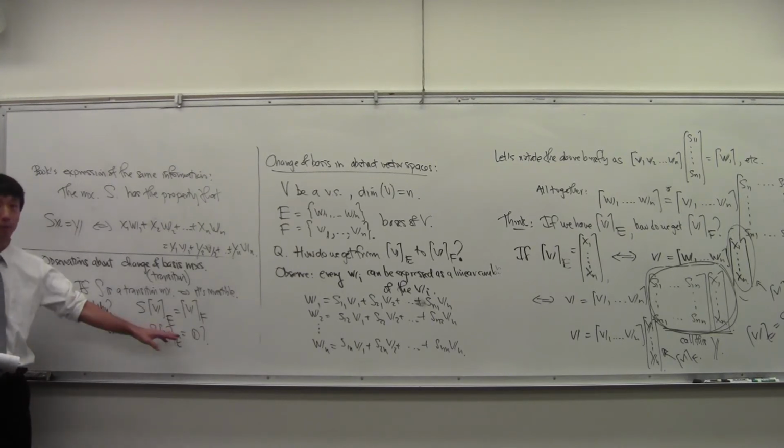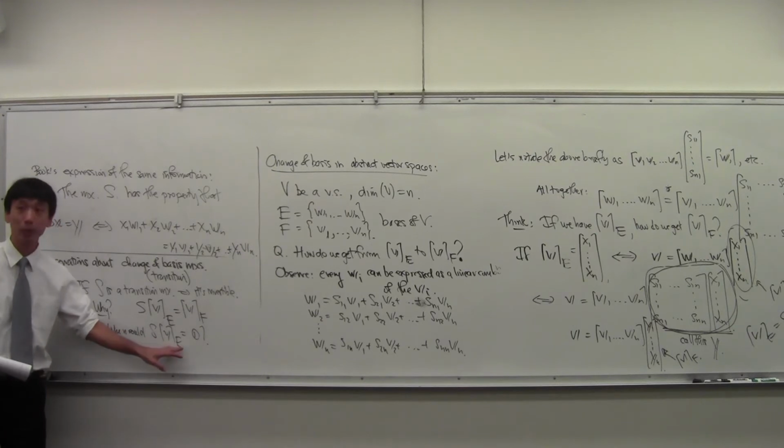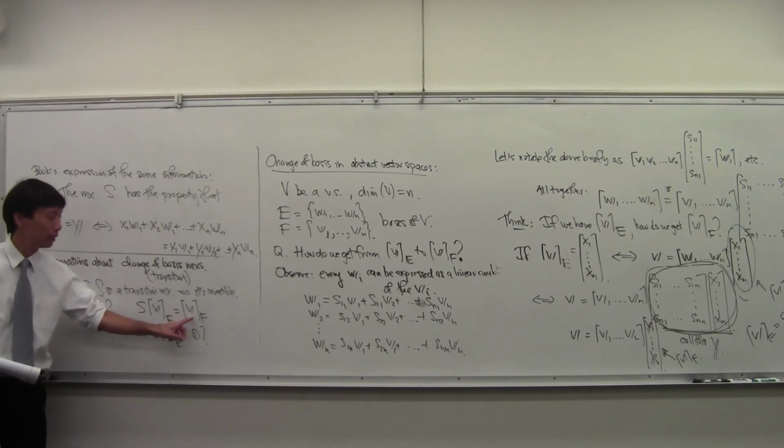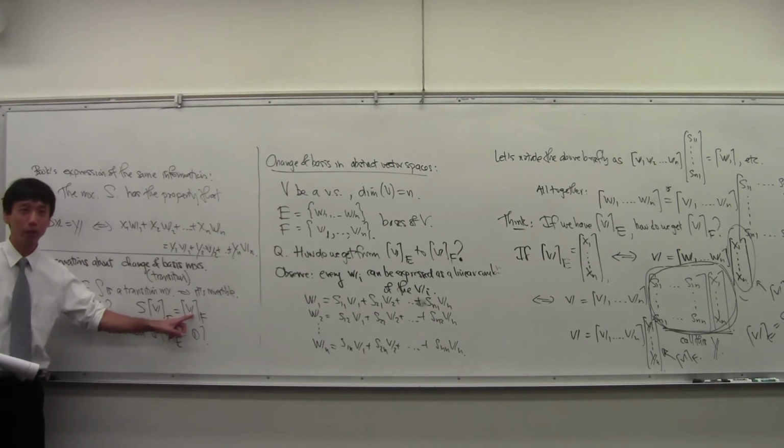What would that tell you if you got the zero vector as the output of S times something? Well, that would tell you that the coordinate vector of v with respect to F is the zero vector, right? And if so, what vector do you have? V has to be the zero vector, right?